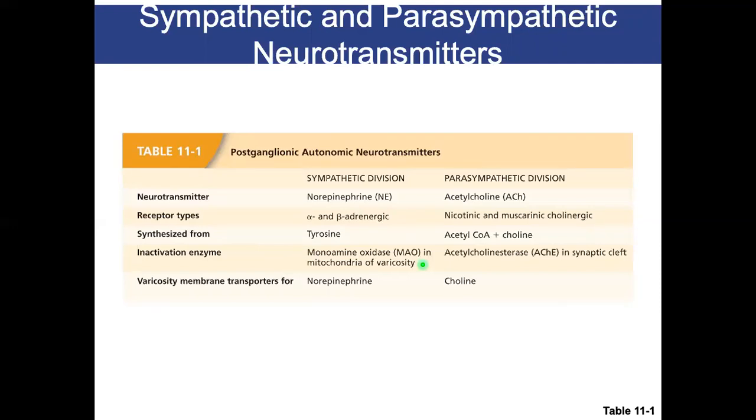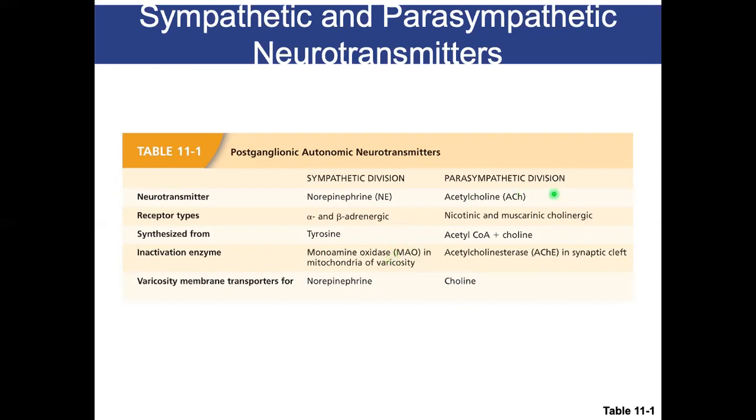The old school antidepressants were MAOIs, which are monoamine oxidase inhibitors, and they inhibited norepi from getting broken down, or they blocked the inactivation enzyme, the MAO, so that it couldn't break down norepinephrine. So norepi actually sat in that synapse and stimulated nerves.